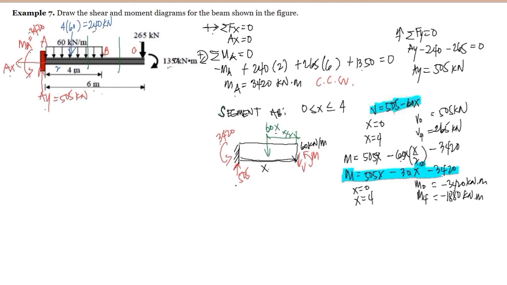Okay, the derivative of the constant is 0. So this is correct because we got our shear function. Okay? So, let's now draw simultaneously our shear and moment diagram from the computed values.